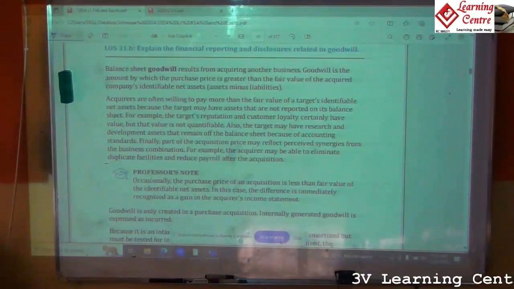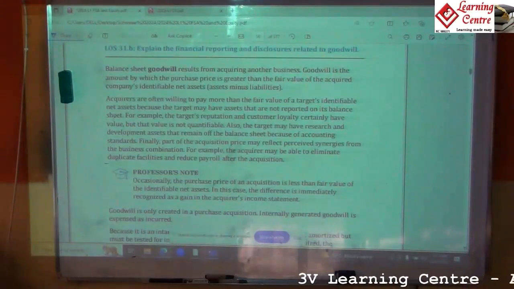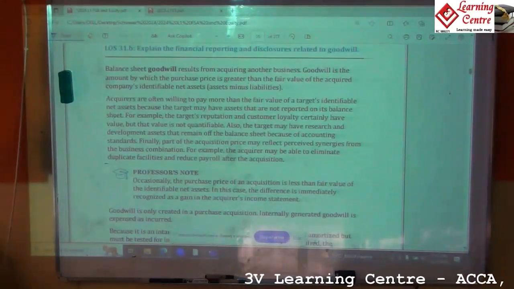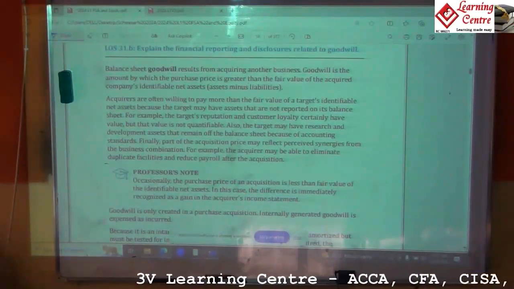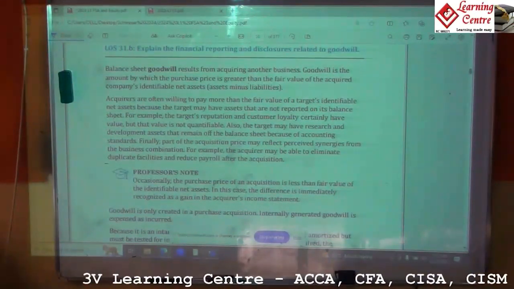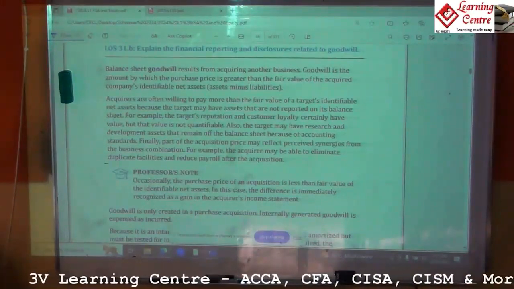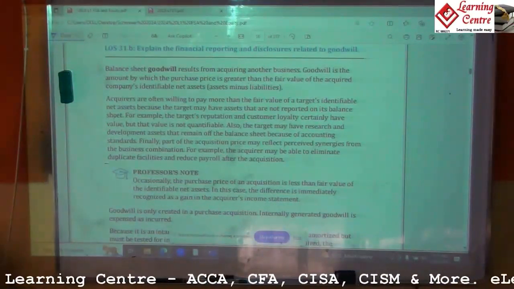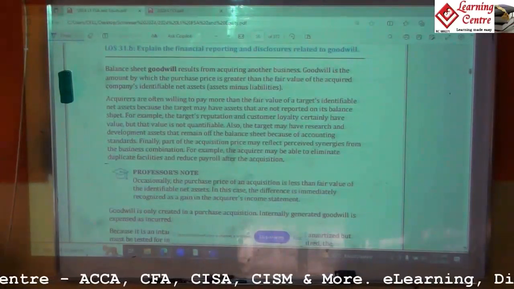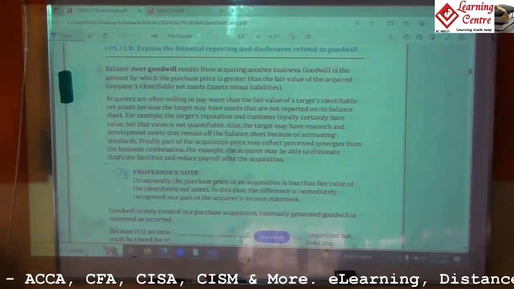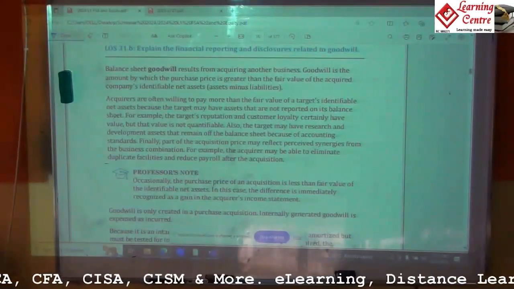The assets minus liabilities give you the identifiable net assets. Once you subtract your identifiable net assets from your purchase price, you get what is called goodwill. So goodwill is not as a result of having reputation or whatever. Are we together? Is that fine?